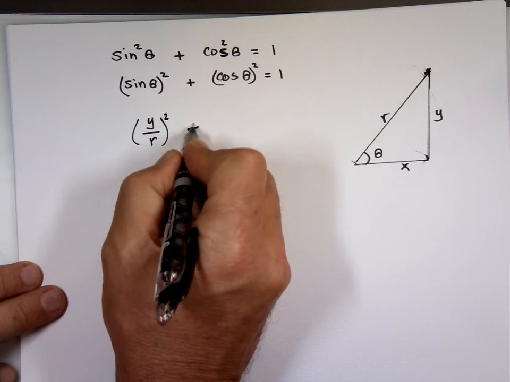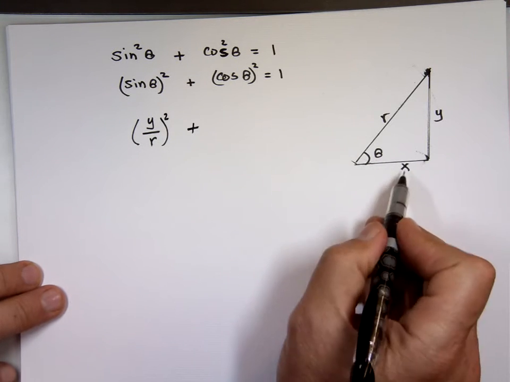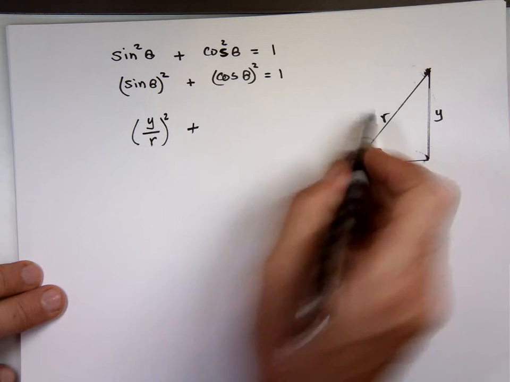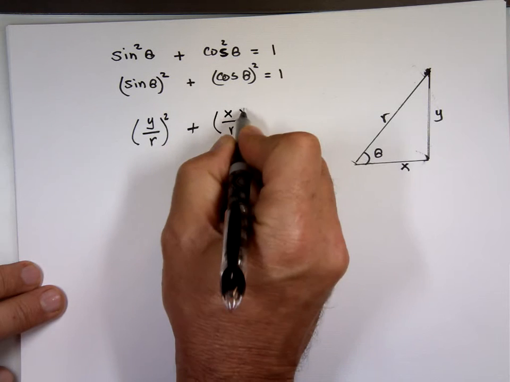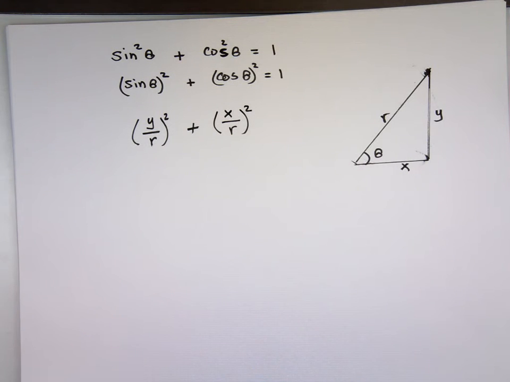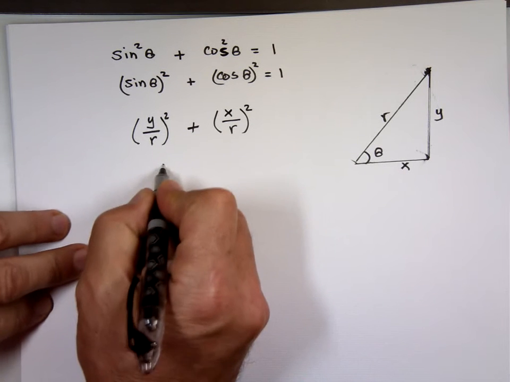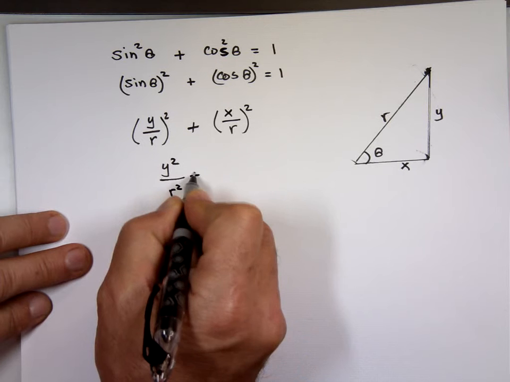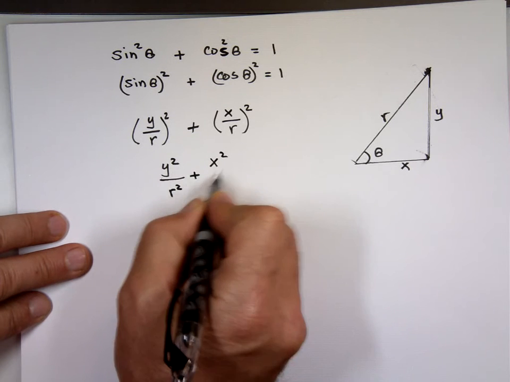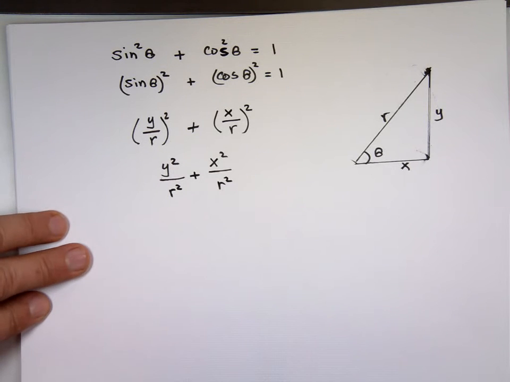The cosine is what? Adjacent over the hypotenuse. Let's do the math and see what that is equal to. Well, if you do the math, what do you have? Y squared over R squared plus X squared over R squared. Notice I'm adding two fractions.